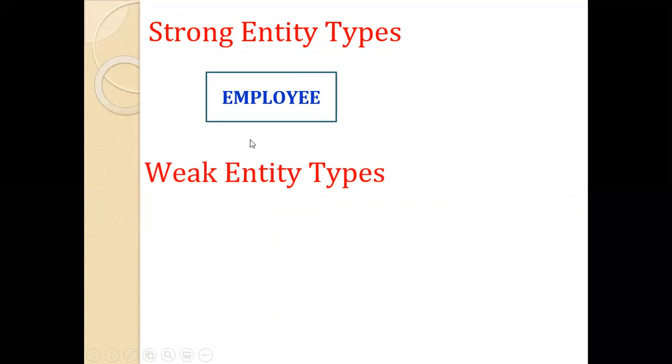Then weak entity types are the entity types which do not have key attributes. So we cannot identify those entity types uniquely on their own. To identify those weak entity types, we need to take the help of strong entity types. Because the key attribute is absent in those entity types, they are weak entity types.